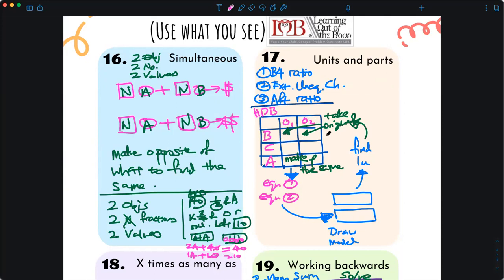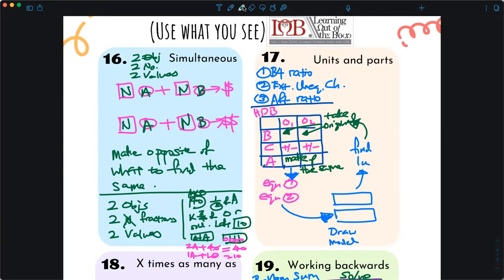Then you have the before ratio, after ratio, and the change will be, if it's an addition, more added, you have a plus, taken out will be minus. So plus minus, then you have two equations.